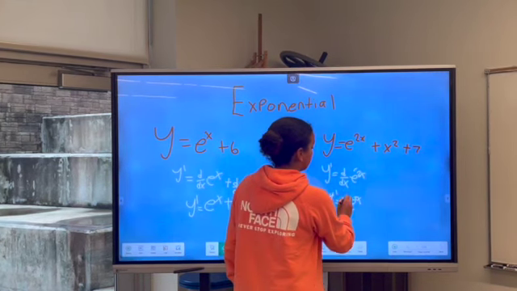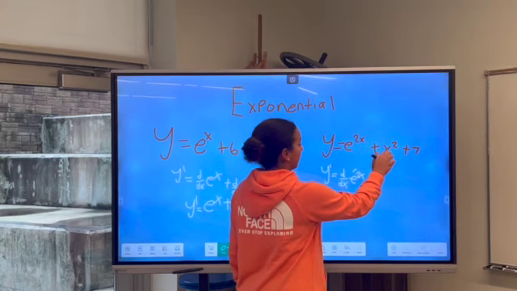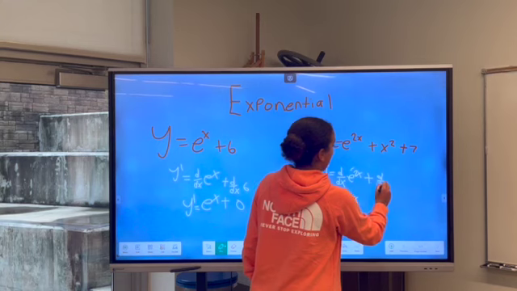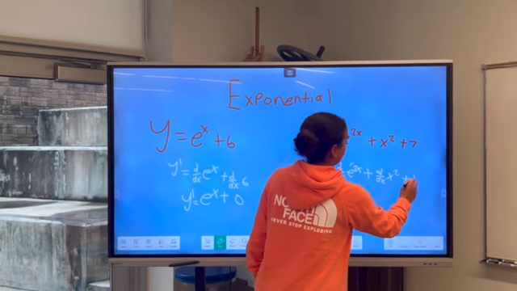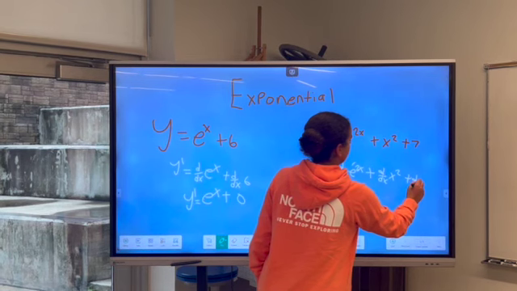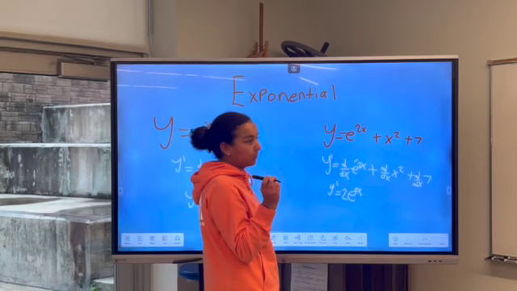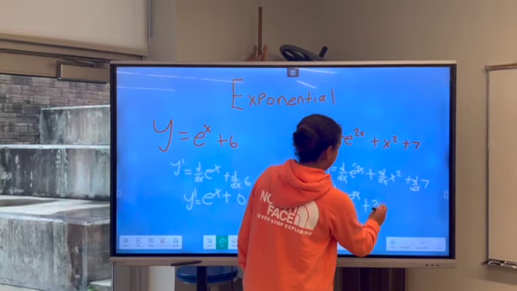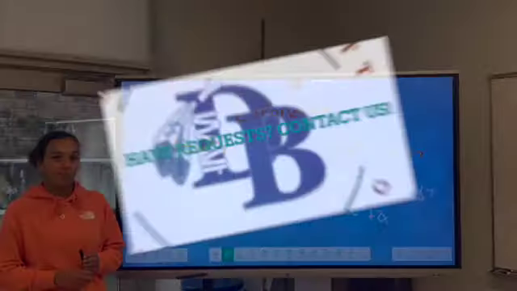So it would be 2e to the 2x. And then we have to continue breaking apart this part. So we have plus the derivative of x squared plus the derivative of 7. We know from the power rule segment that this part is 2x. So that is how you do the exponential components.